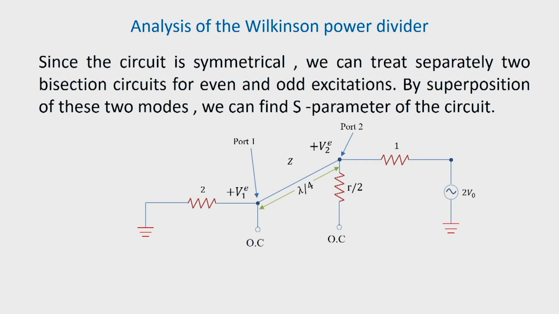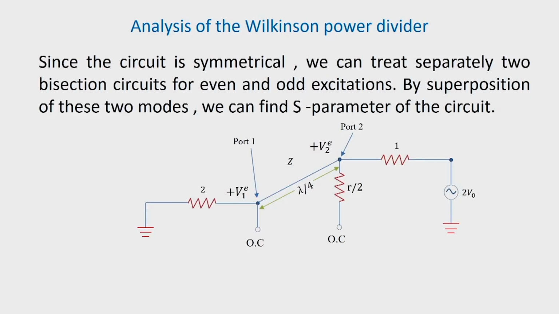So, we find the solution for the even mode, we find the solution for the odd mode, and then superpose these two solutions, and then we get the S parameters for this circuit when we do it for individual ports.